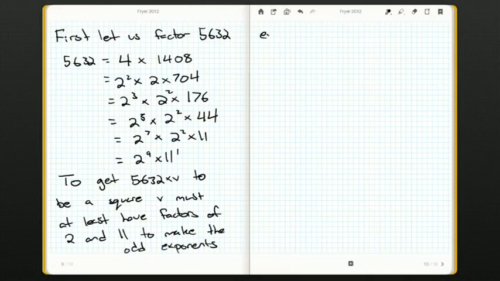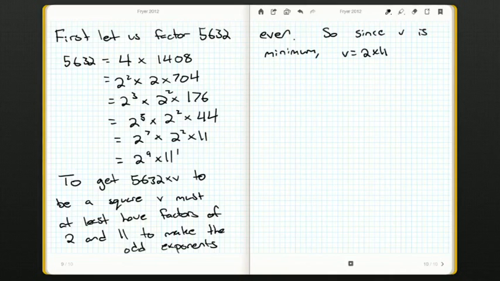So we need to make these odd exponents even. So we have a 2 to the 9, that's odd, and we have 11 to the 1, that's odd. So we need to have at least a factor of 2 and at least a factor of 11. And I don't care what else we have, but that's the bare minimum to make the exponents even. But we want v to be as small as possible, so we don't have any other bells and whistles.